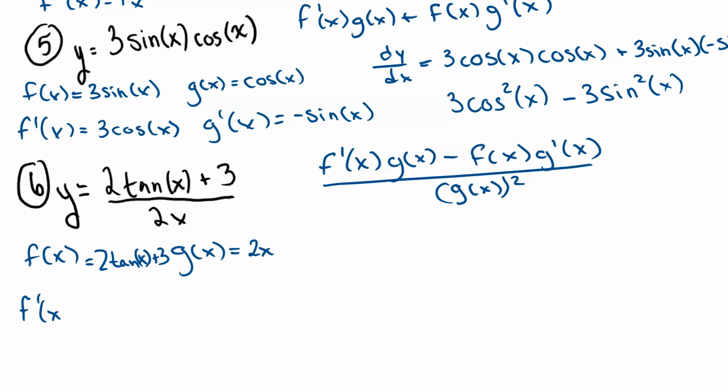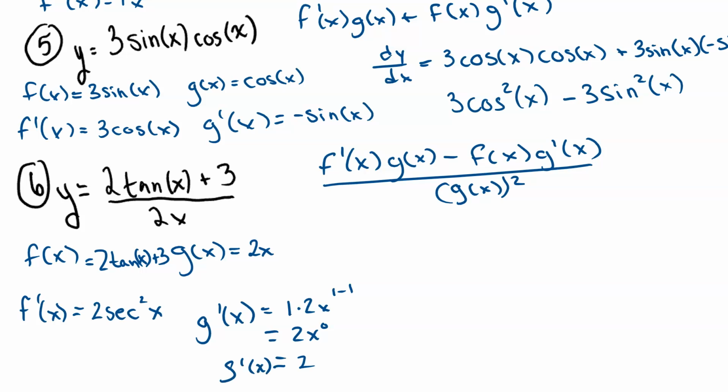So f prime of x here, derivative of tangent is secant squared, so we've got 2 secant squared. Derivative of a constant is 0, so the 3 just goes away. G prime of x, whenever we do the derivative of just coefficient x, the x goes away. All right, but in case you're still not on that train yet, here's the work for that. Because anything to the 0 is 1, so it's just going to be 2.